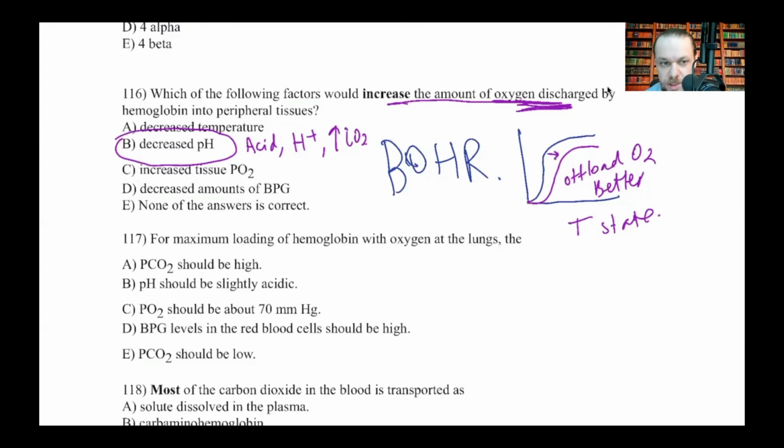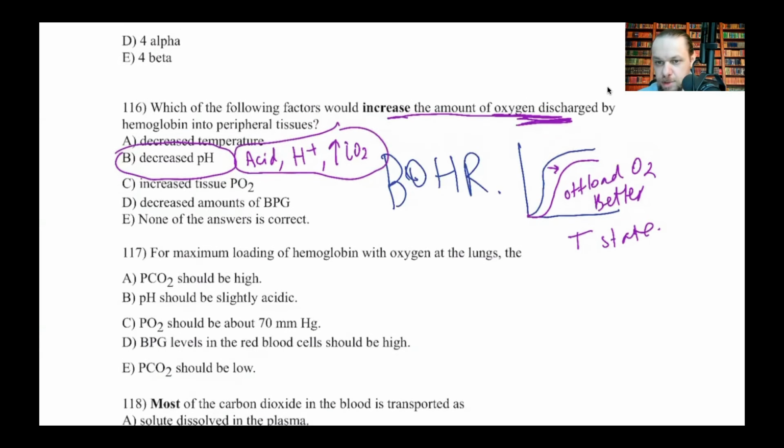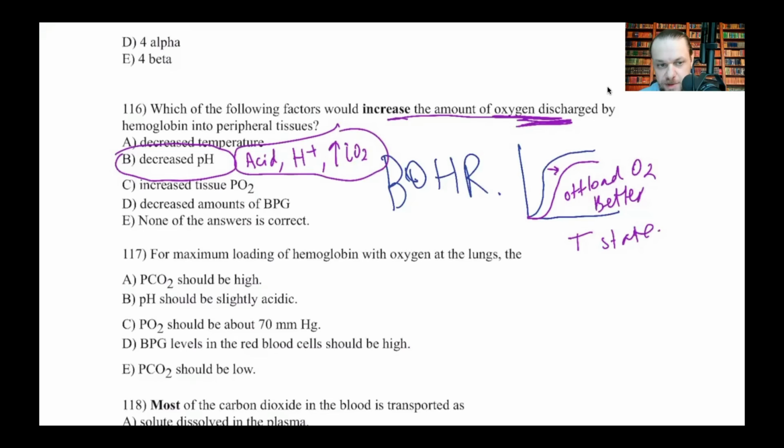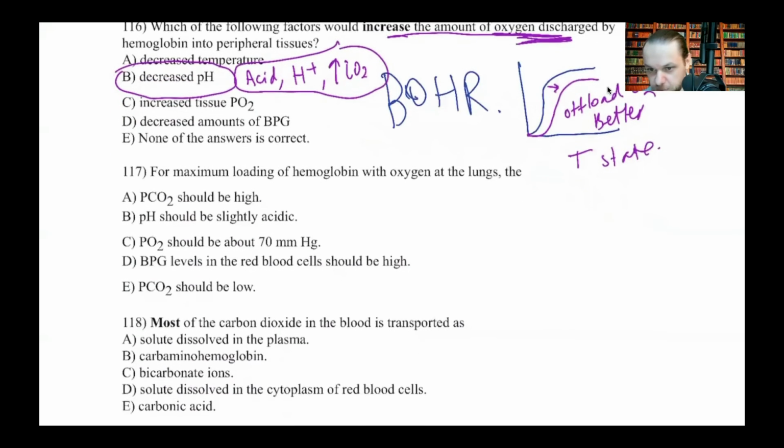They have metabolic acidosis, and the tissues need more oxygen. They want to extract more oxygen. So this is at the tissue level. These things will bind on non-iron sites, and this will right shift your oxyhemoglobin curve, hopefully to better deliver the oxygen. Okay, 117.